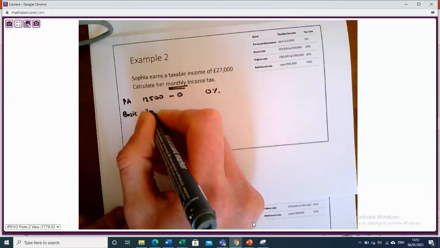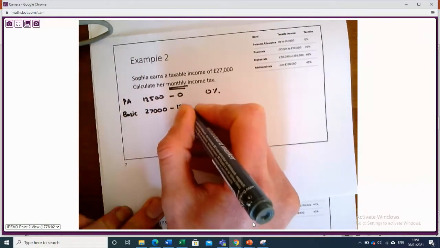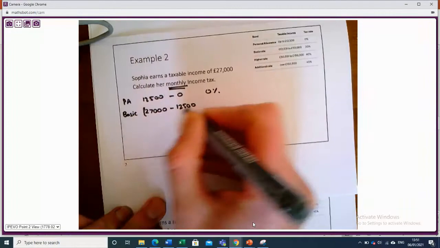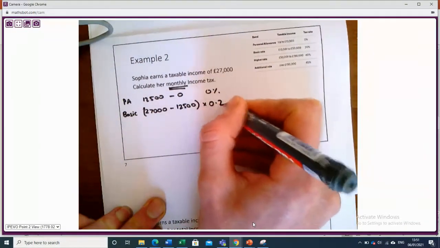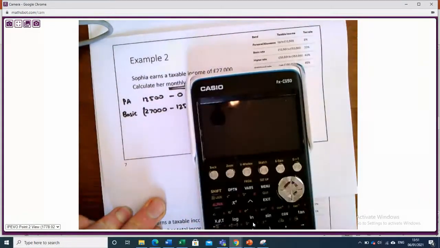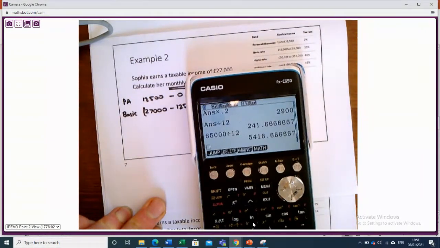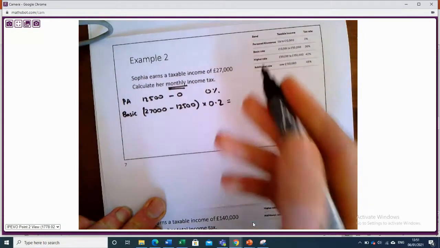So from £27,000 down to 12,500, so that's £14,500, she has to pay 20%. So we're going to times that by 0.2. So that £14,500 is the taxable income, and 20% of that is 2,900.